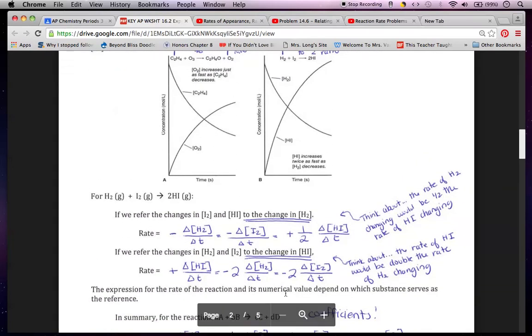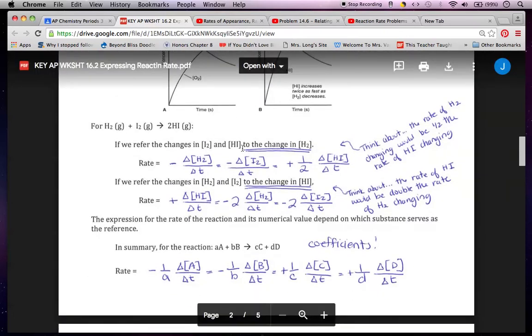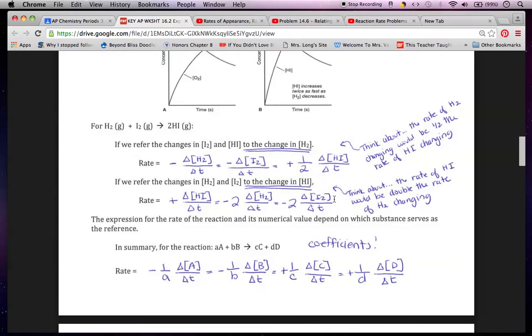For example, if we look at that synthesis of hydrogen iodide and relate the change in hydrogen iodide to the change in H2, we're setting this basically equal to 1/1. So if this is our rate, and you can think of it as 1/1, how do the other materials relate to that?